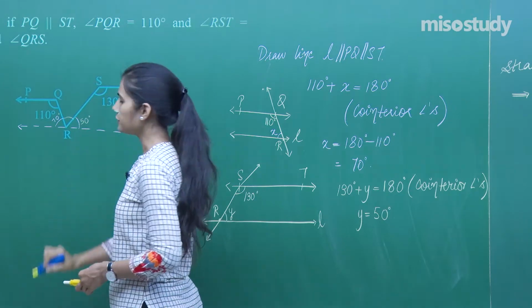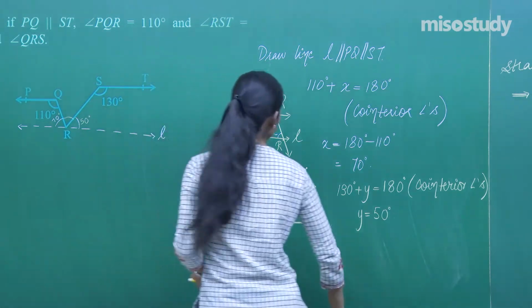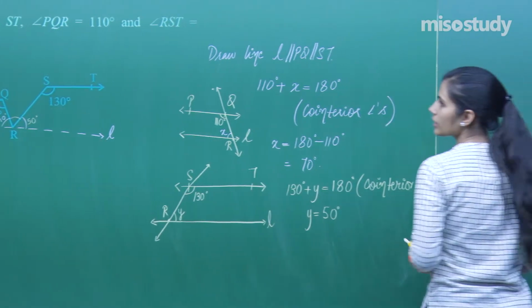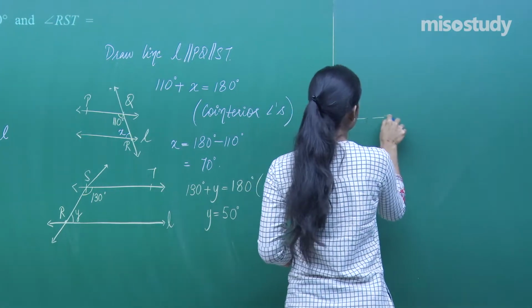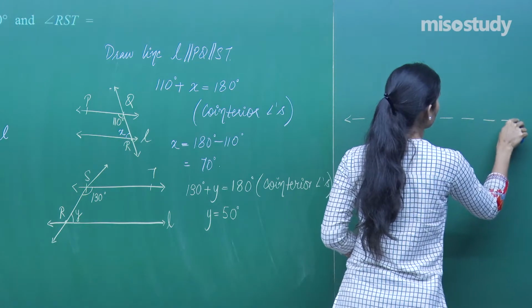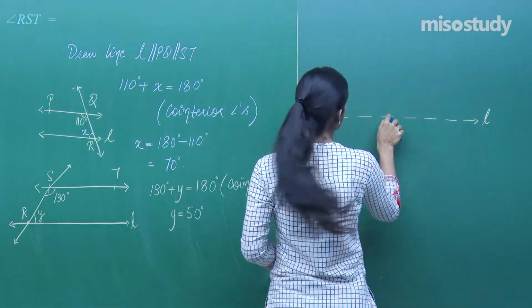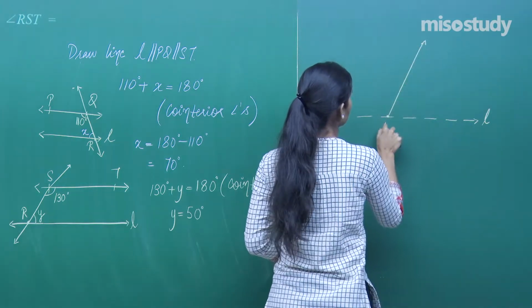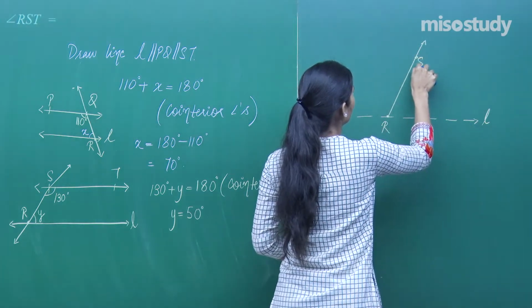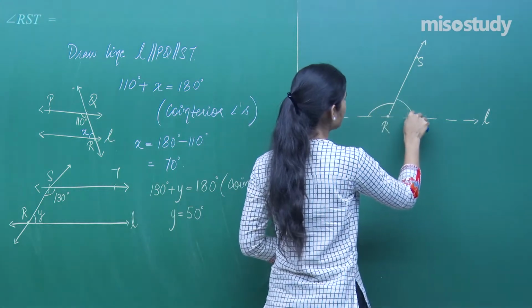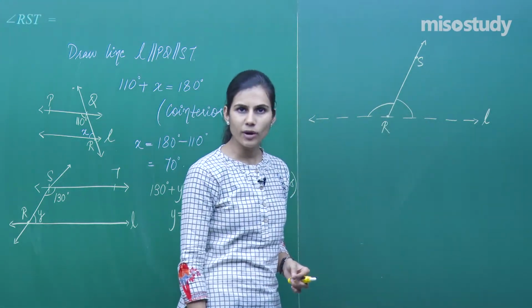70 degrees, 50 degrees. Now, how do you have to interpret this situation given in the diagram? This is your line L, and over this straight line there is this ray standing, RS. And so this complete angle plus this complete angle by linear pair axiom will be 180.